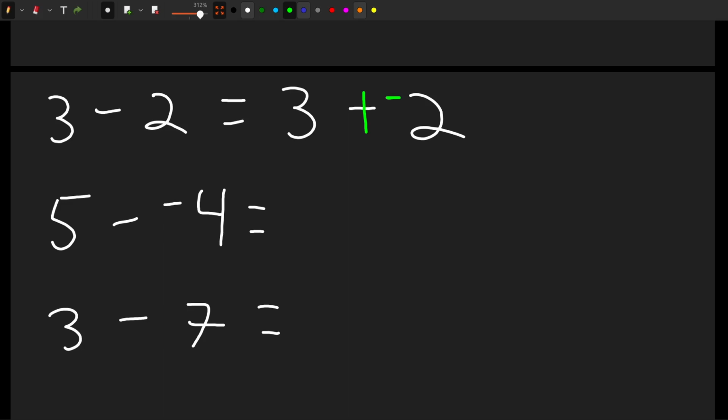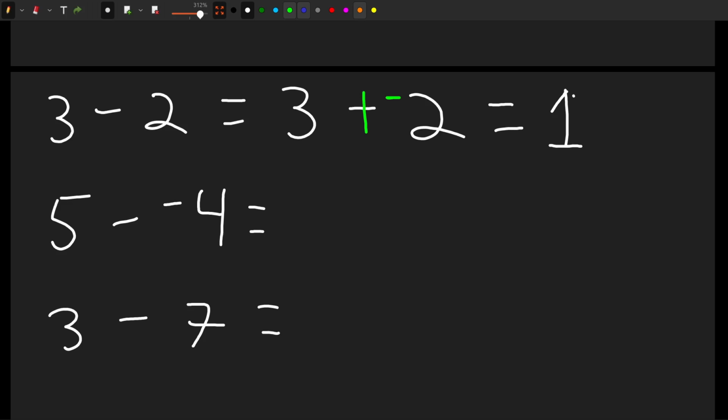And that's the trick we do. We changed the operation, which is subtraction, to addition, and then we change the sign of the second number. This 2 was originally positive, and it's now negative. And so then 3 plus negative 2 will be 1. You can use a number line if you want. I'm not going to. Eventually, you're going to pick these up as second nature.